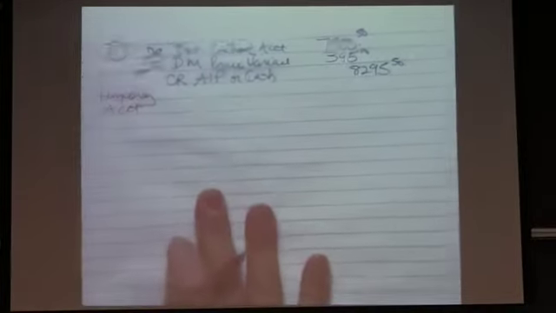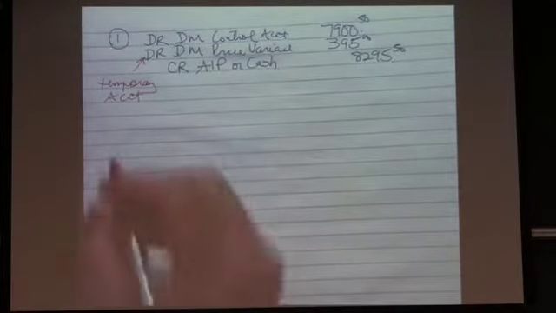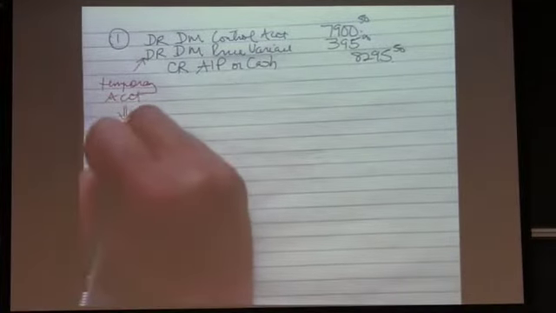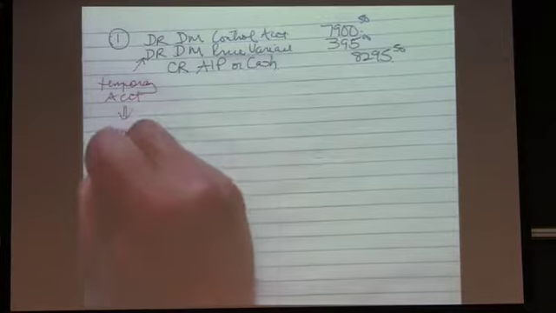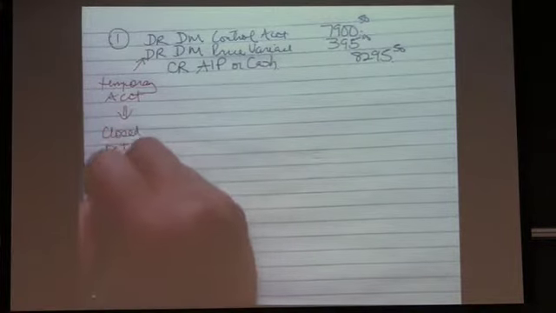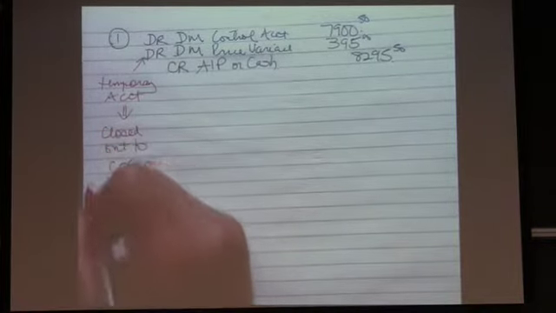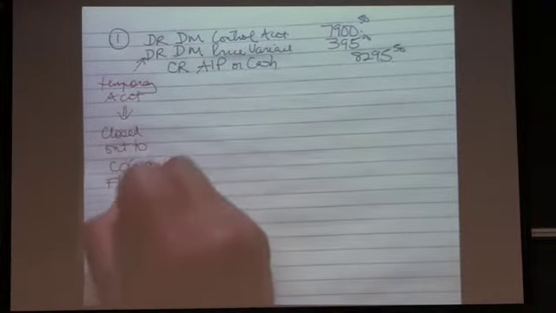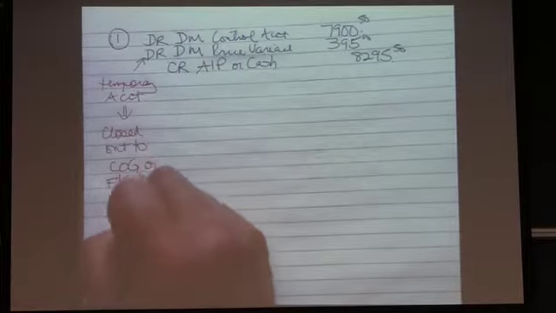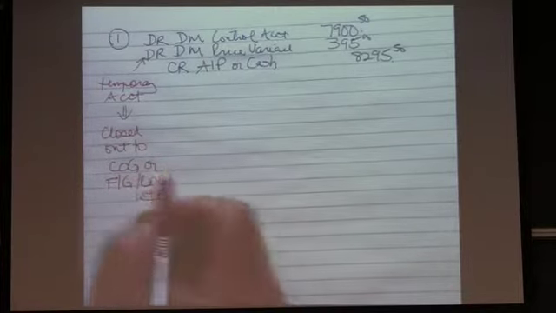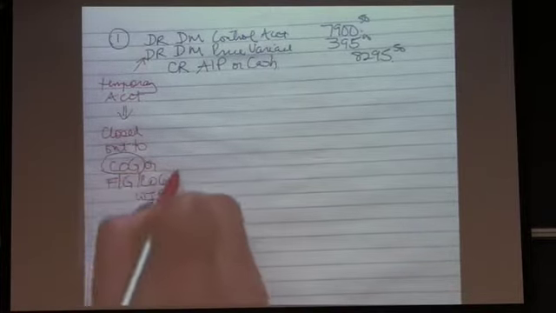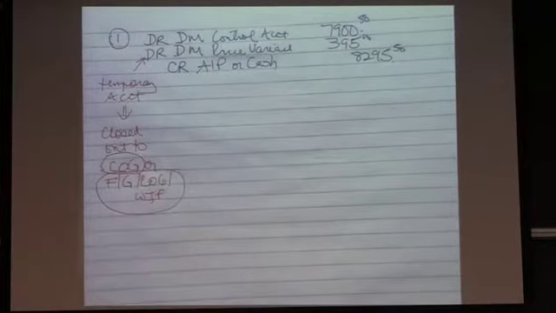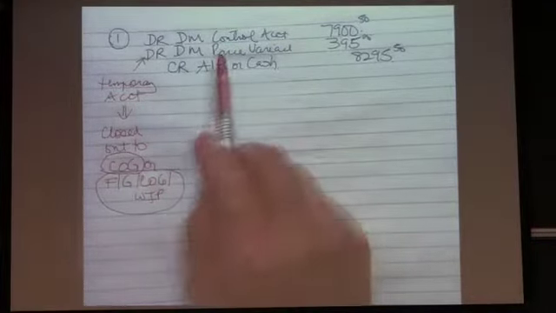These accounts are going to be closed out to cost of goods sold, or finished goods, or work in progress. So there are two options to record them.